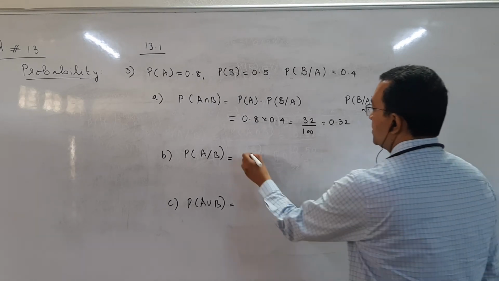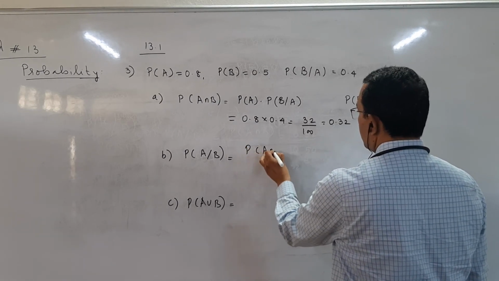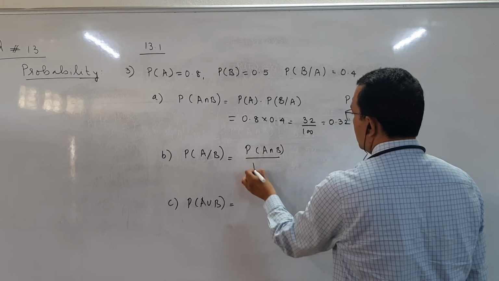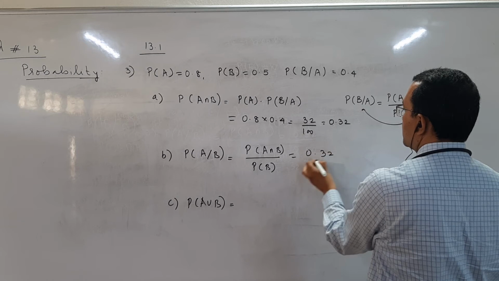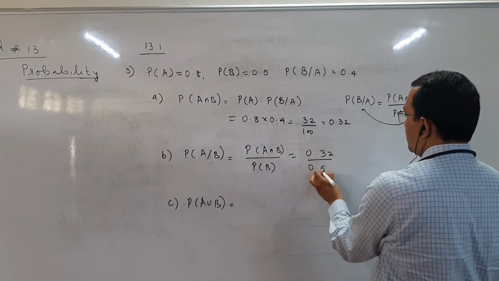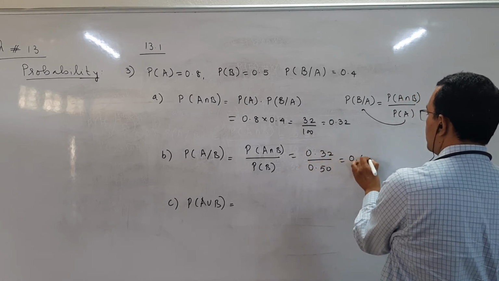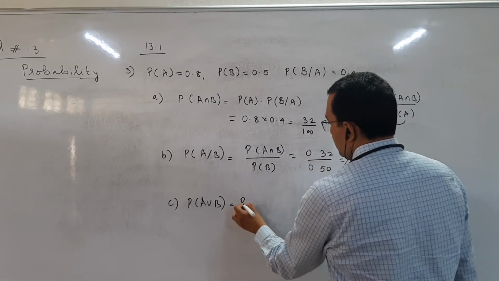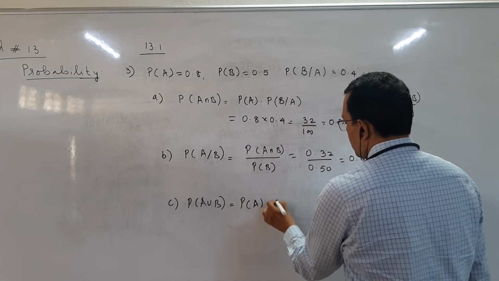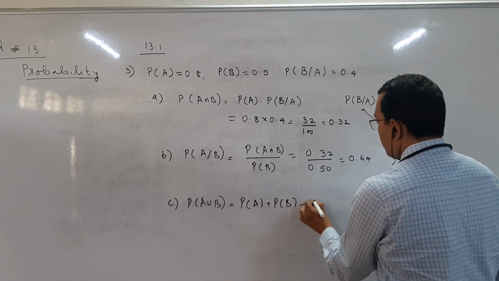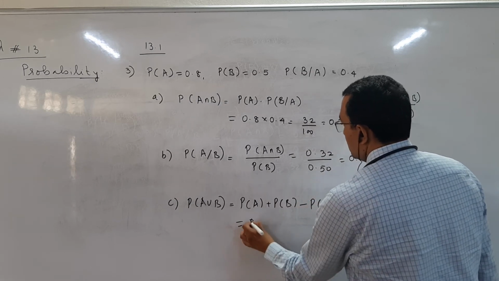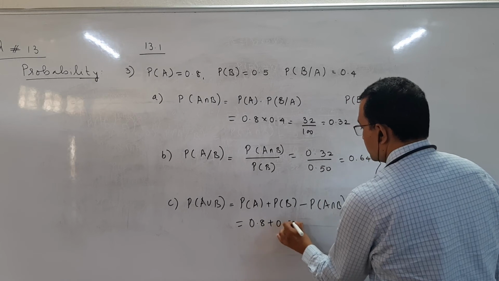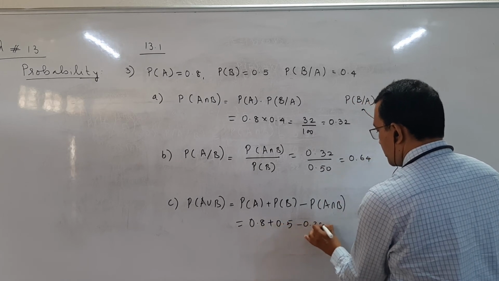P of A given B is P of A intersection B on P of B, and this is 0.32 divided by 0.50. So again this is 0.64. And P of A union B will be P of A plus P of B minus P of A intersection B. 0.8 plus 0.5 minus 0.32.